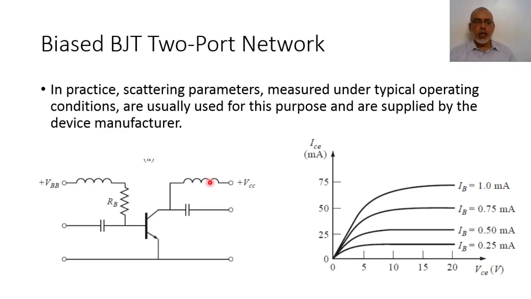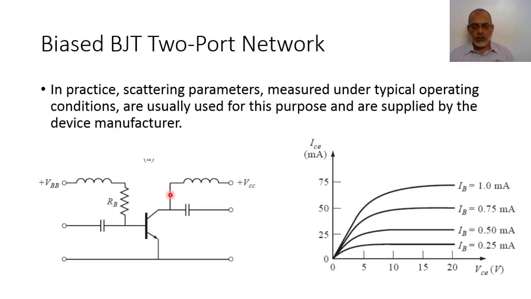Usually in RF and microwave circuits, we are trying to avoid adding any resistances. So we don't use a resistance for the collector here, because the presence of resistances will introduce some noise in the circuit, and at the same time will increase the noise temperature and the noise figure of the circuit.